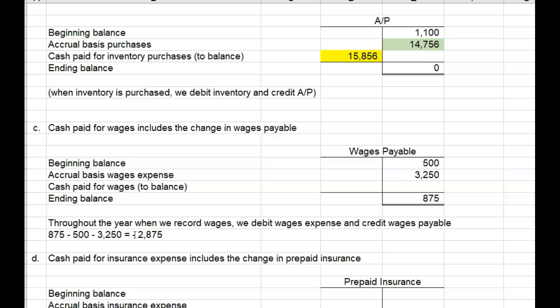This negative means it's the opposite of the credits, so we need to debit the account 2,875. You can and you should check your math by working forward. Does 500 credit plus 3,250 credit minus 2,875 debit equal 875 credit balance? And the answer is yes, it does. So the cash paid for wages throughout the year is 2,875.